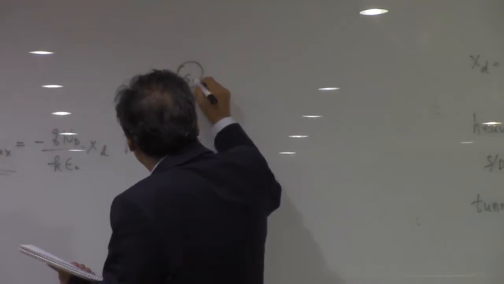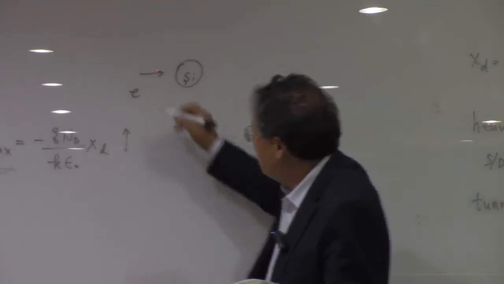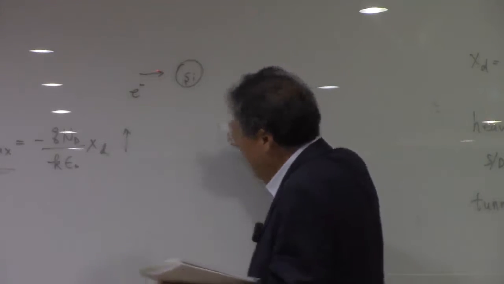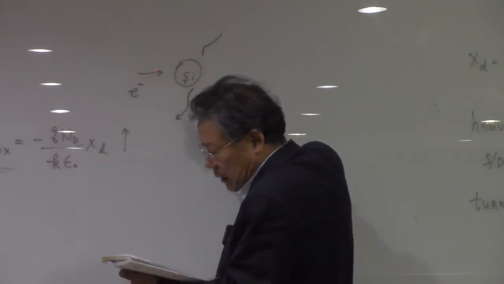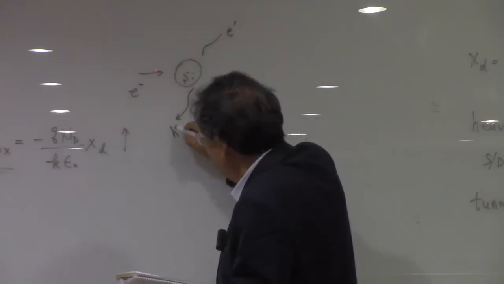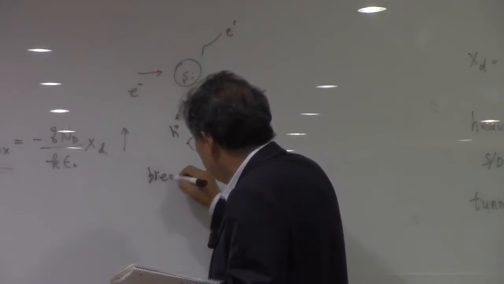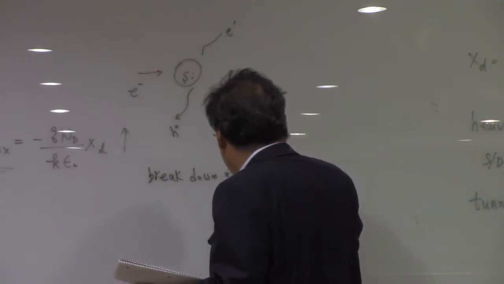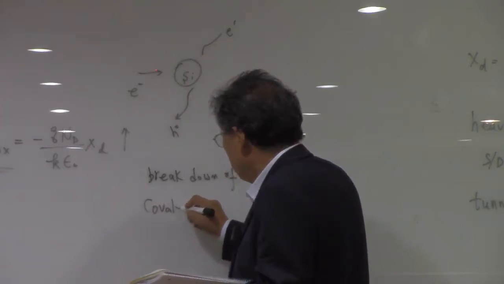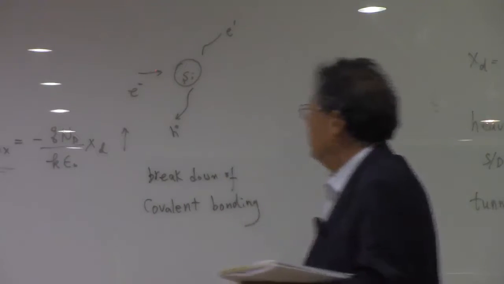When a silicon atom is hit with high energy electrons, okay, then this silicon is going to generate electron-hole pairs, and this is going to be called the breakdown of covalent bonding. Covalent bonding of silicon. All right?